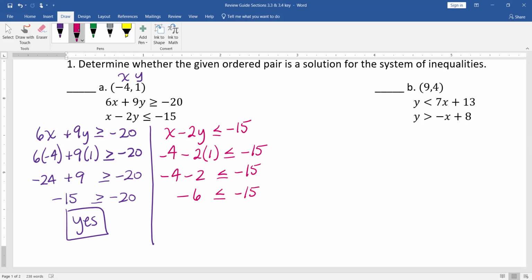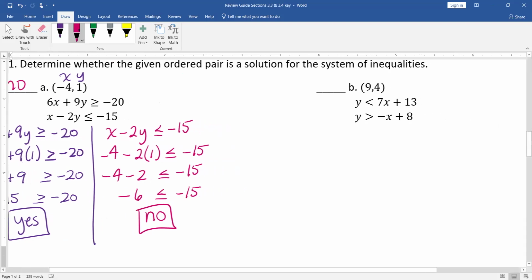So -6 is not smaller than -15. This is a no. So as long as one of them is a no, the whole thing is a no. This ordered pair is not a solution for the entire system.